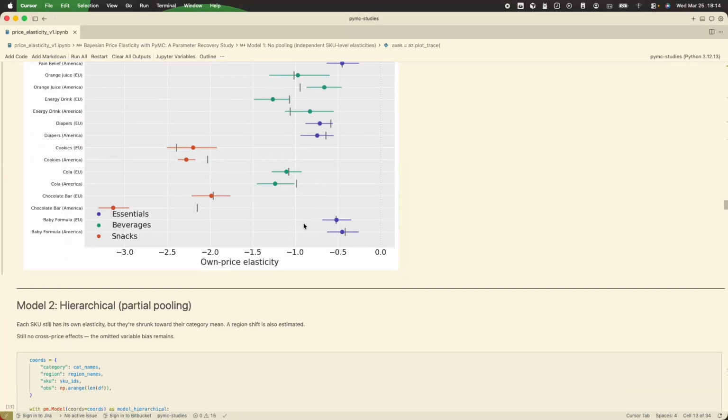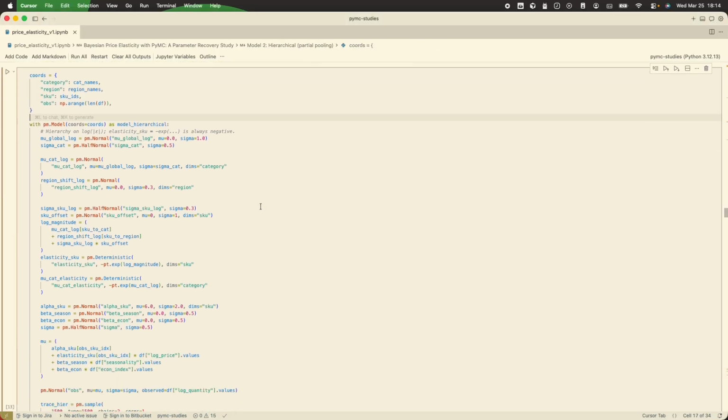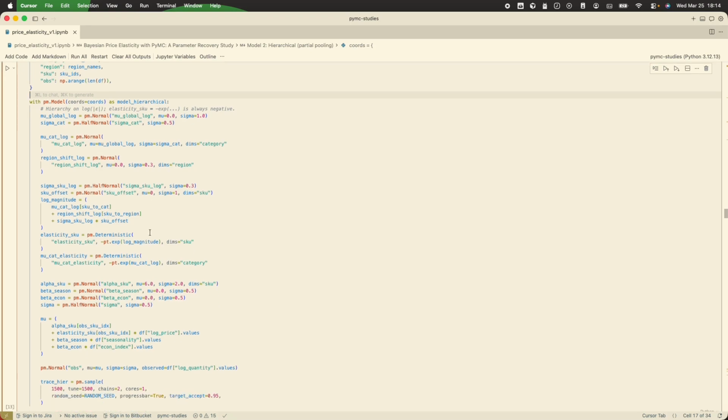So, moving on to the second model. This is where we add hierarchies. Now this is interesting because that's where I think PyMC starts to get very interesting. The model keeps the same main equation, but it ties the elasticities together. So you have a category level and also a region shift.